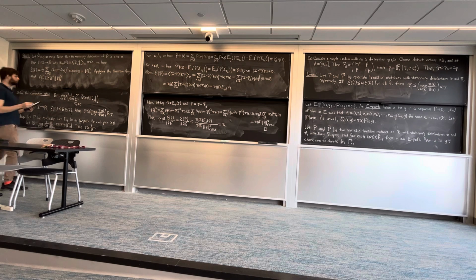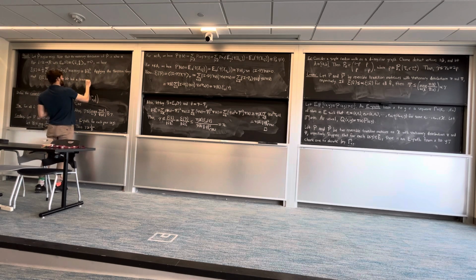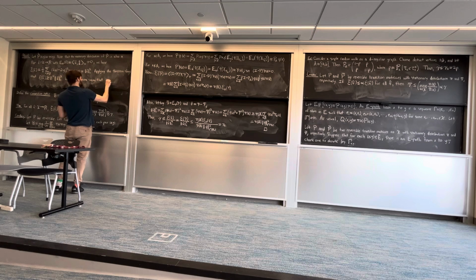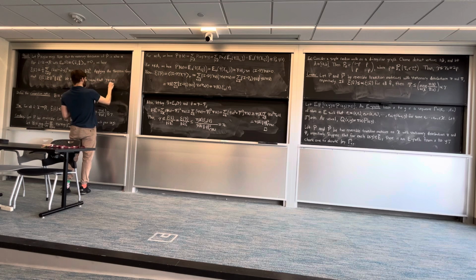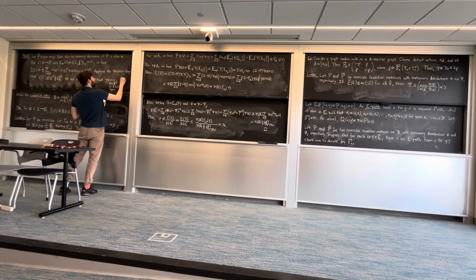And then we had a lemma saying that gamma is the minimum over functions f in R to the X with f comma 1 sub pi equals 0 and f not identically 0 of E of f over the 2 norm of f squared.